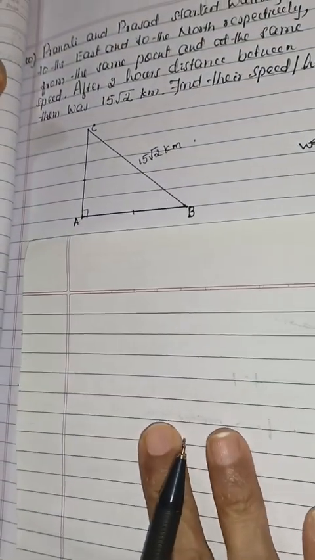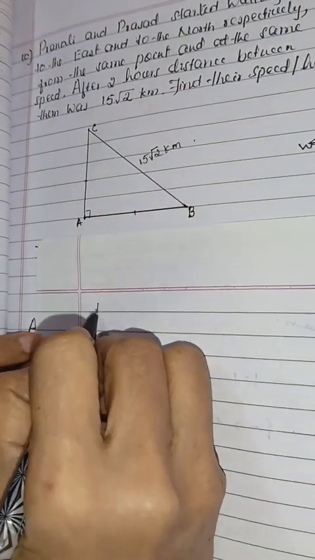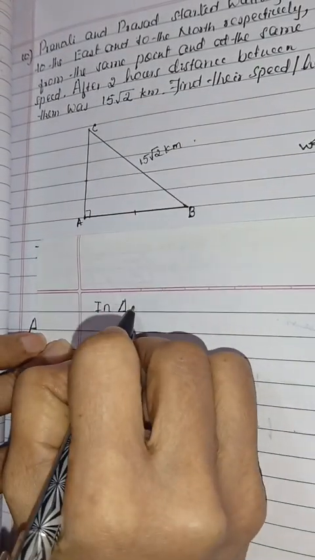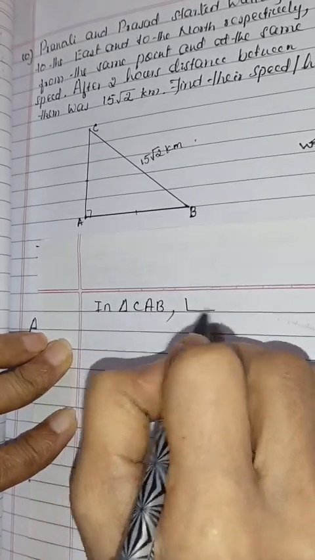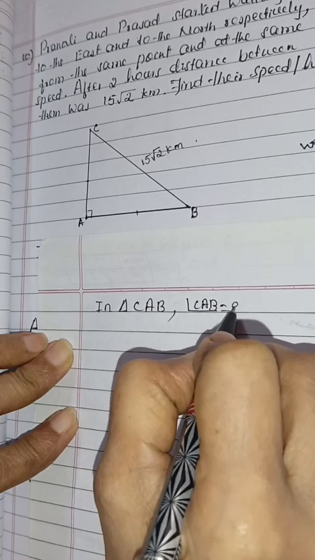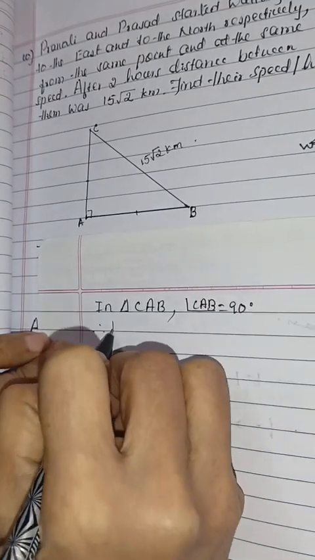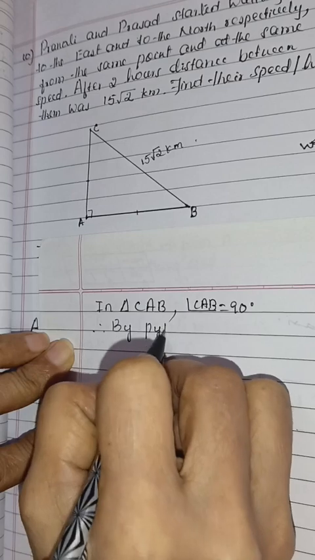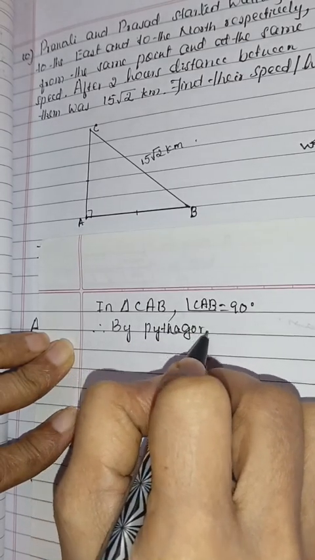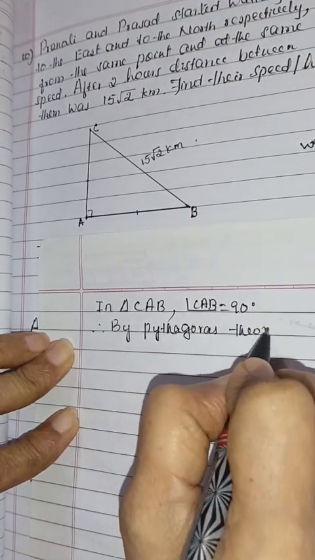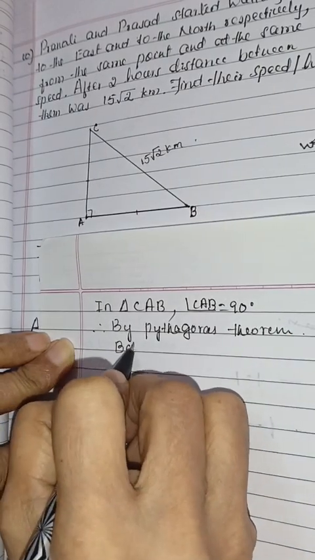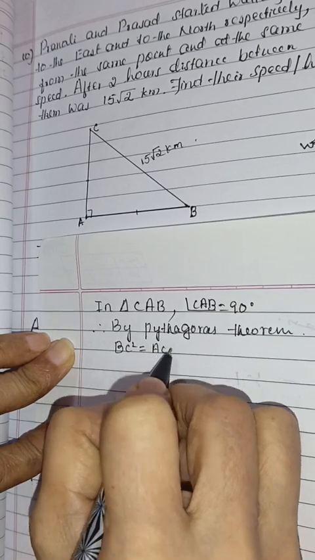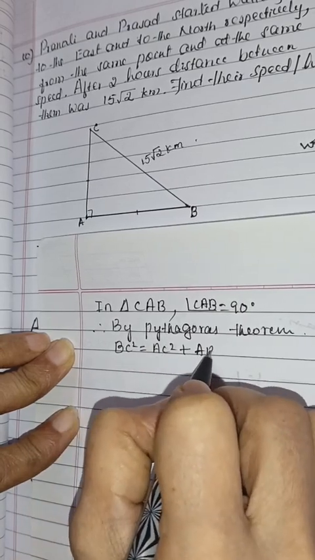So in triangle CAB, angle CAB is 90 degrees. Therefore by Pythagoras theorem, BC square equals AC square plus AB square.